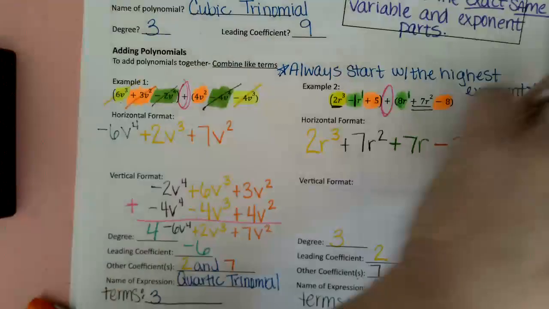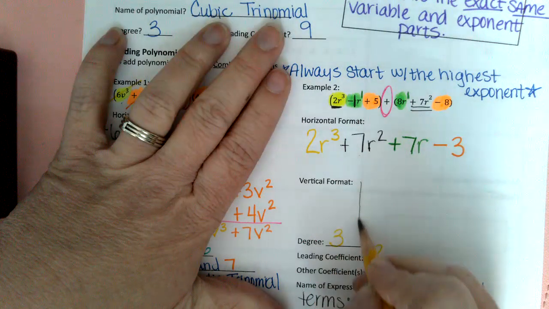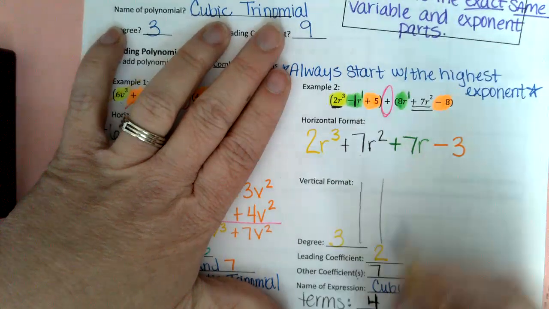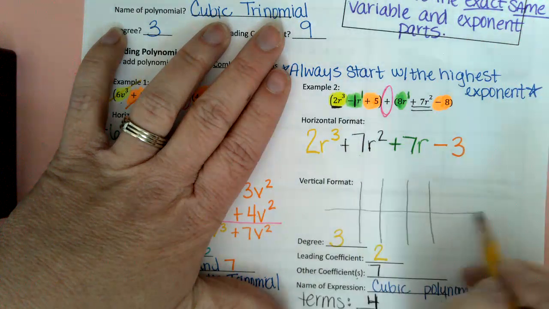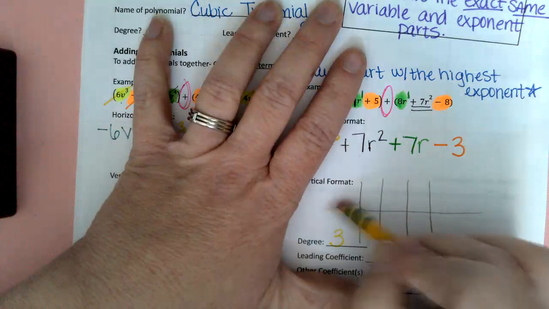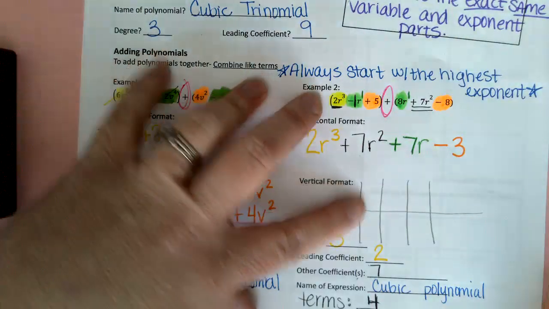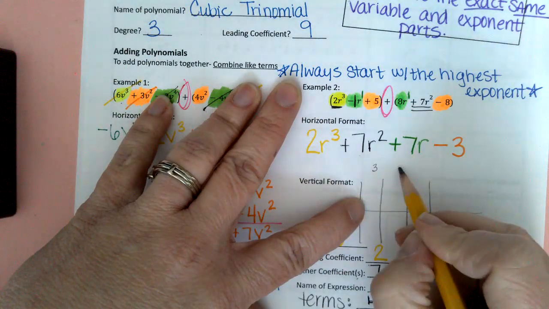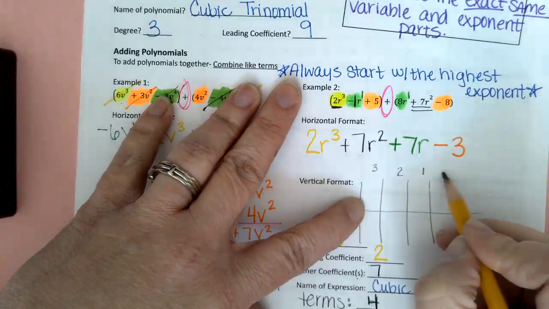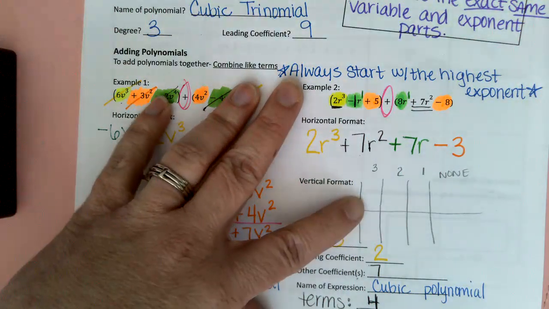So we're going to have columns, and I'm going to make some columns up here just to make it a little nicer. Now you don't have to do this part. I'm going to erase them here in a second, but just so you can see it. So this first column is going to have exponents of 3, then 2, then 1, and then none. Just so we can keep it organized.